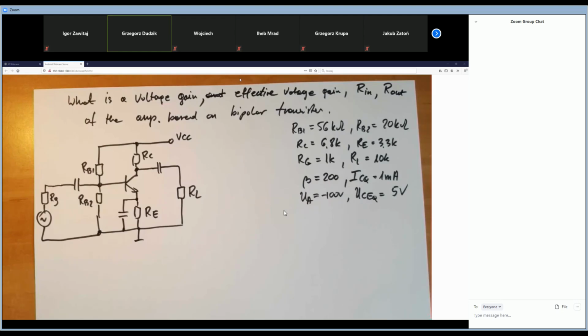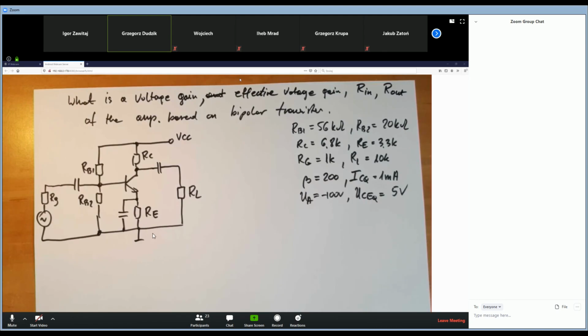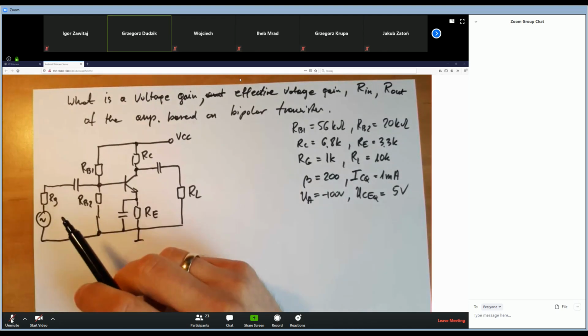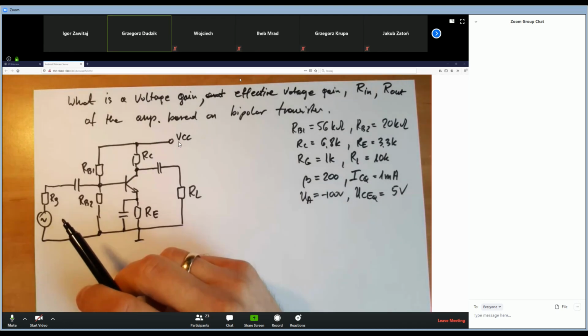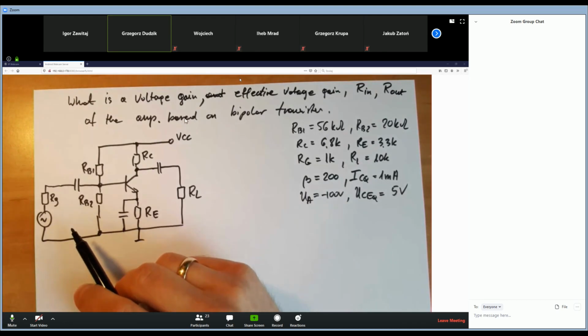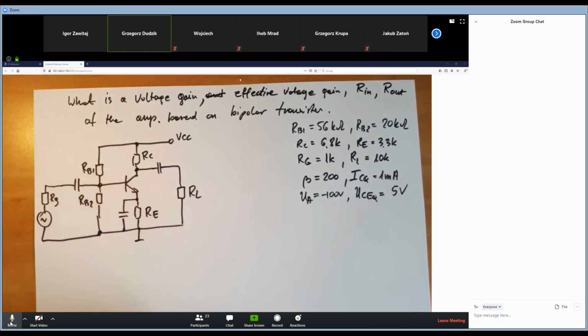First of all, we have to assign where we've got the input and the output point for our amplifier. Where is the input and where is the output? Do you know where? The input is where? VCC?